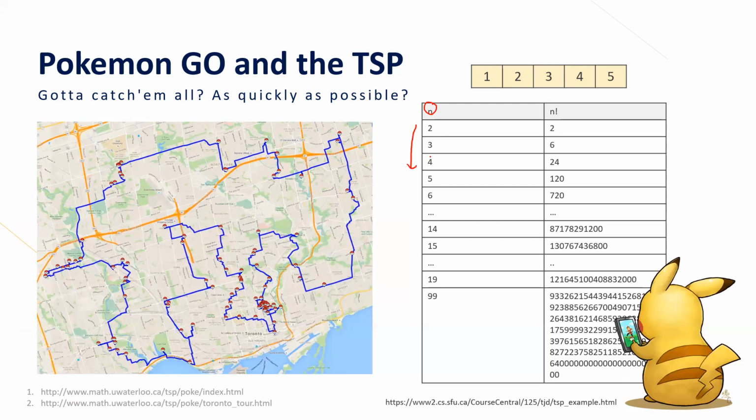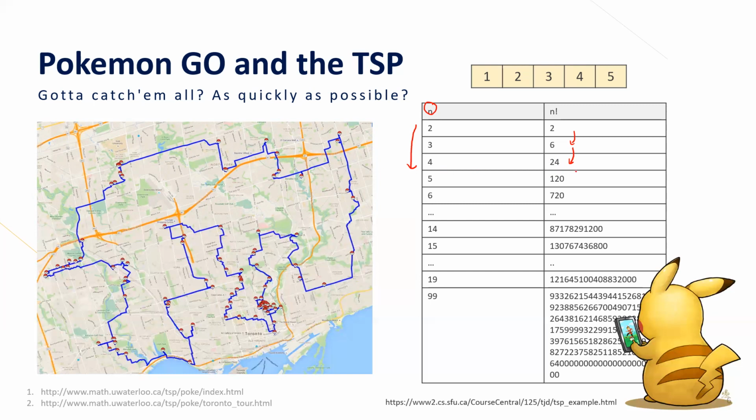Just see the small increments first: 2 to 3, the count becomes triple. If it were a linear problem, from 3 to 4 I would expect it to be triple again, but this one is more than triple, four times.